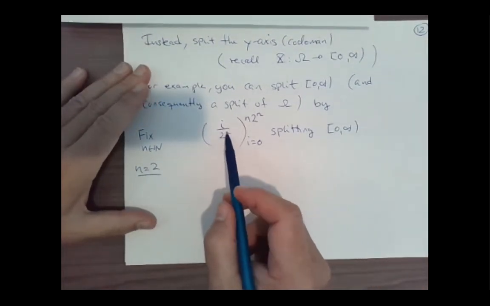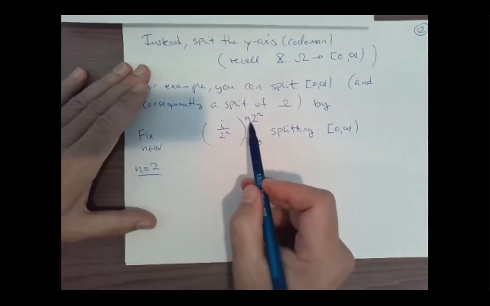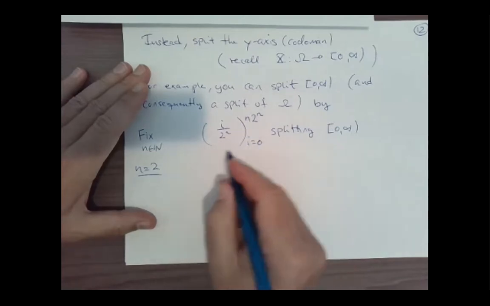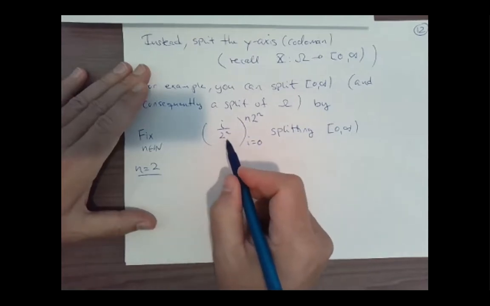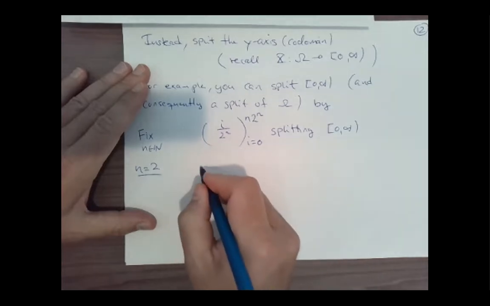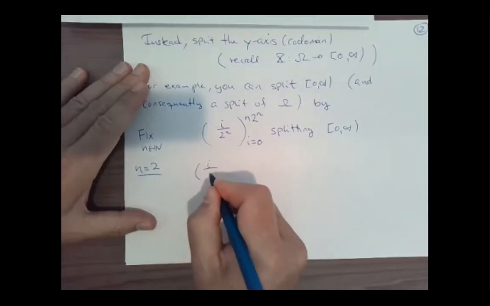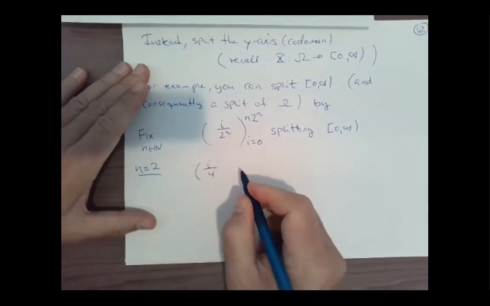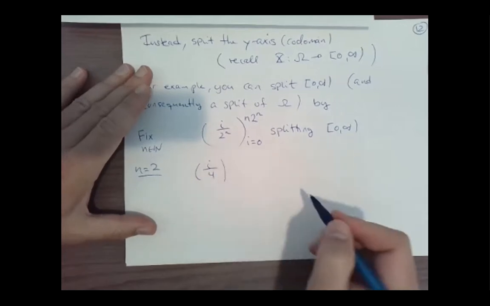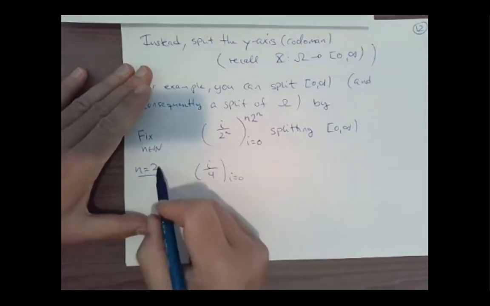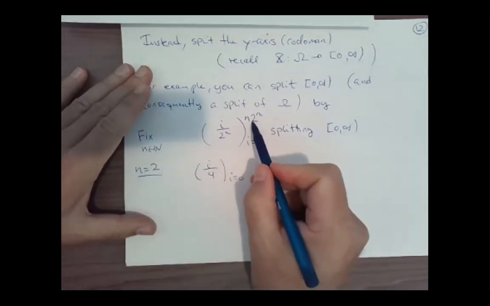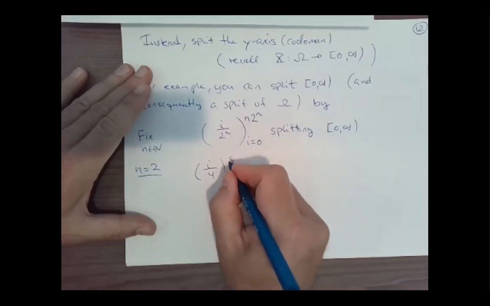I'm dealing with i divided by 4, from 0 up to what? 2 squared is 4, times 2 is 8.